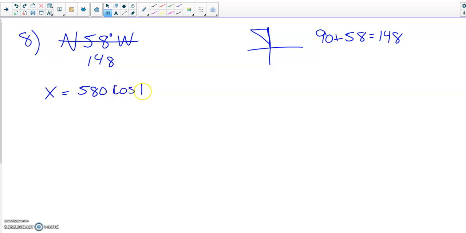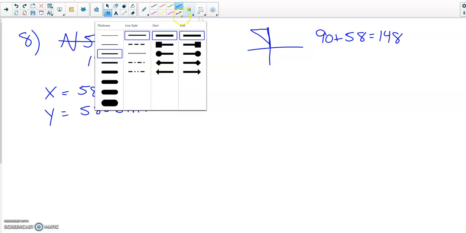x equals 580 cosine of 148 degrees, and then y equals 580 sine of 148 degrees.